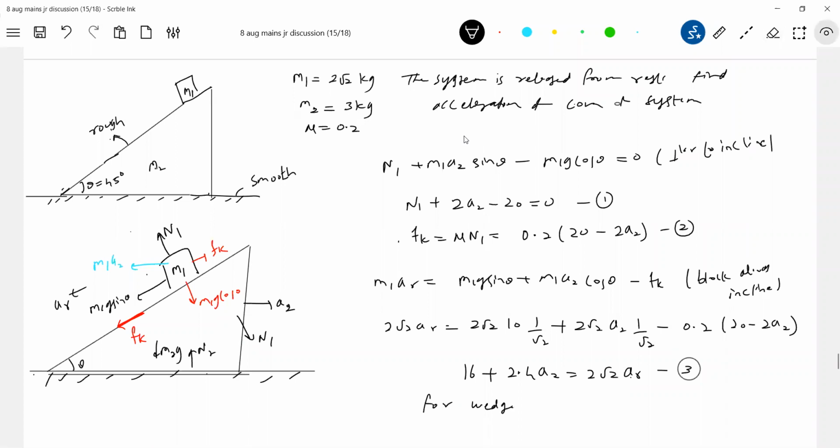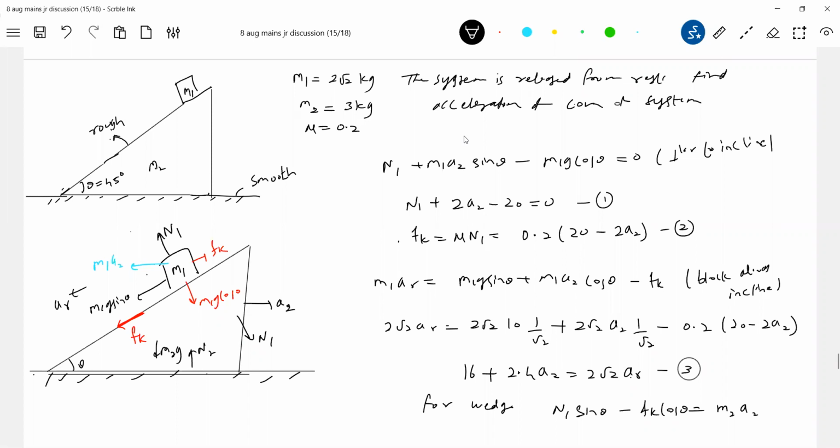N1 sin theta towards the right and Fk cos theta towards the left. It should be equal to M2A2. So the equation is N1 sin theta minus Fk cos theta equals M2A2. These are the only forces acting on the wedge along the x-axis. We know N1, we know Fk, so directly we'll get the value of A2.